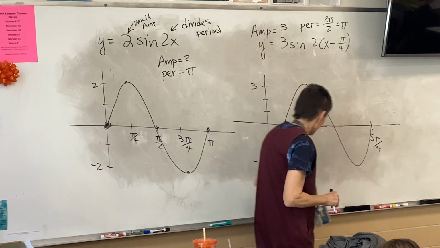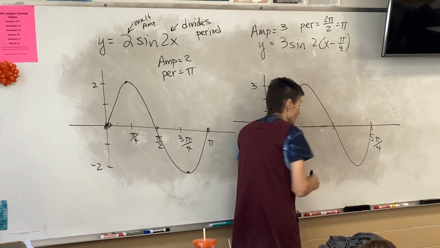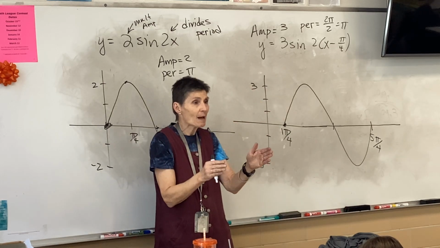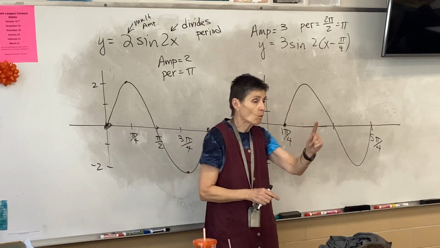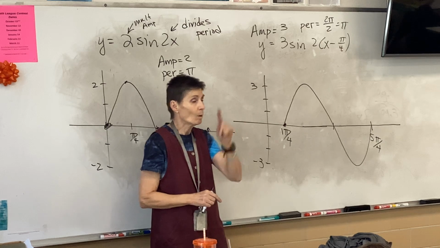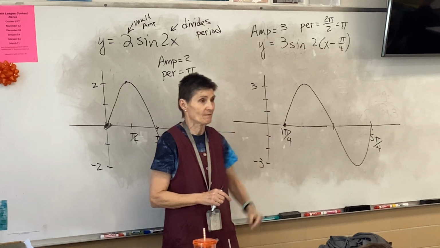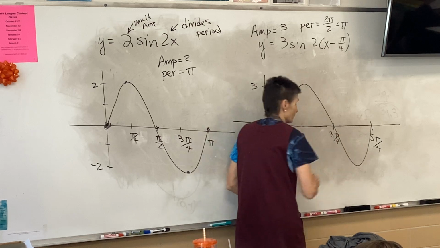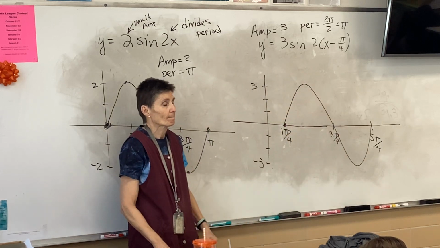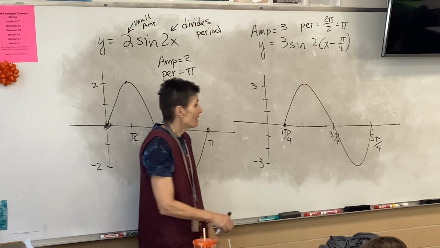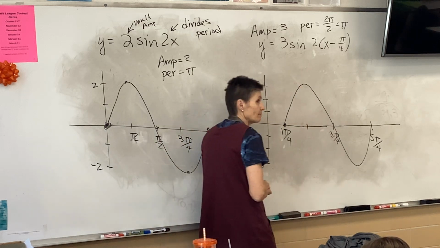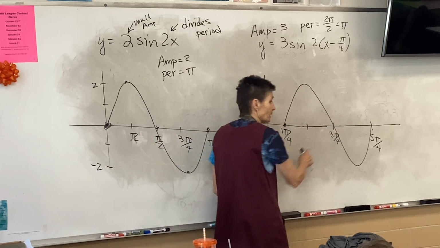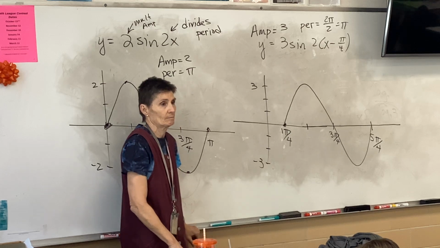Okay, so now, this point right here is smack dab in the middle of 1/4 and 5/4. What's in the middle of 1 and 5? 3. So this is 3/4. This point is right in the middle of 1 and 3. 2.